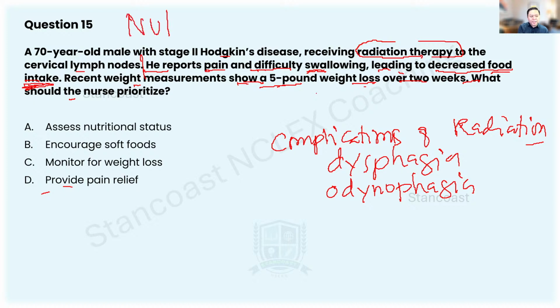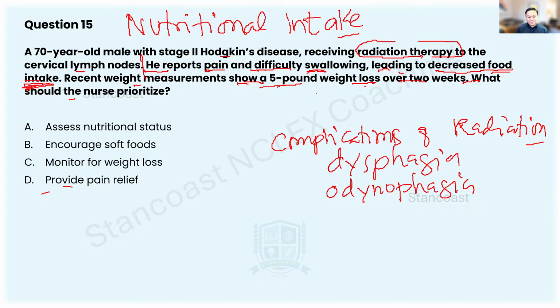Nutritional intake. Because of the pain. So which of the following interventions can help our patient to properly ingest the food? That's basically what it is asking. All right. So letter D, provide pain relief. Do you think that this can address the patient's decreased intake?